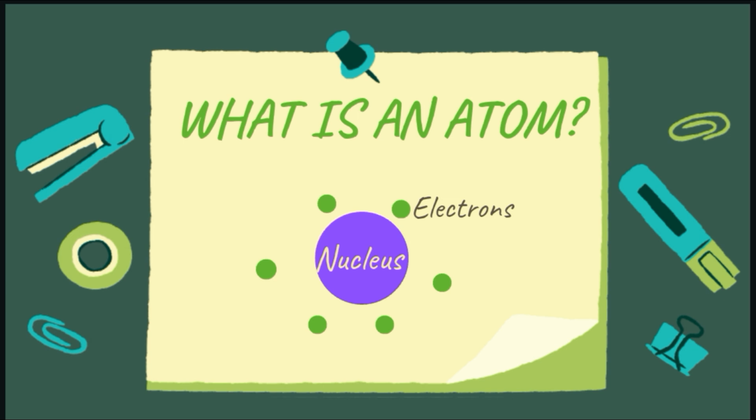You can imagine the nucleus like the sun and electrons like planets moving around it. This basic structure is very important because hybridization happens inside the atom. So now let's move one step deeper.